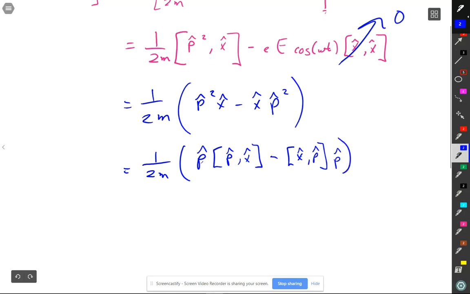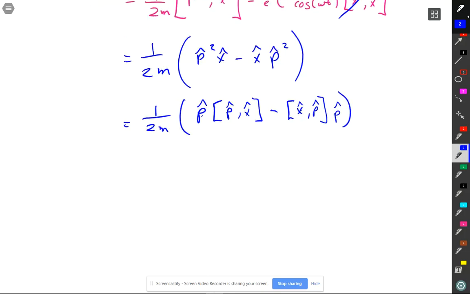Now I'm writing this from memory, so I'm going to check to make sure that's correct. So if I expand out what I just wrote, I'm going to put that in black. This is my check.